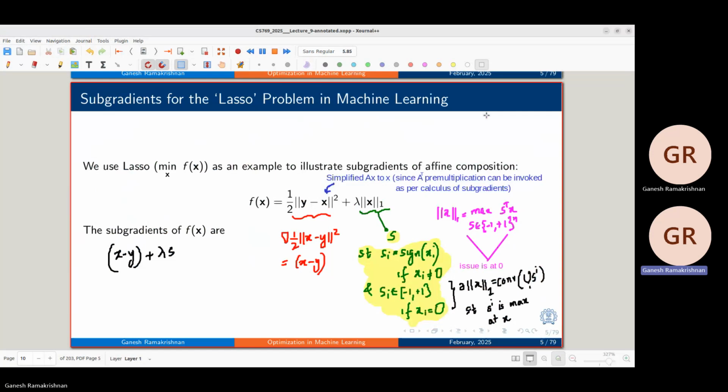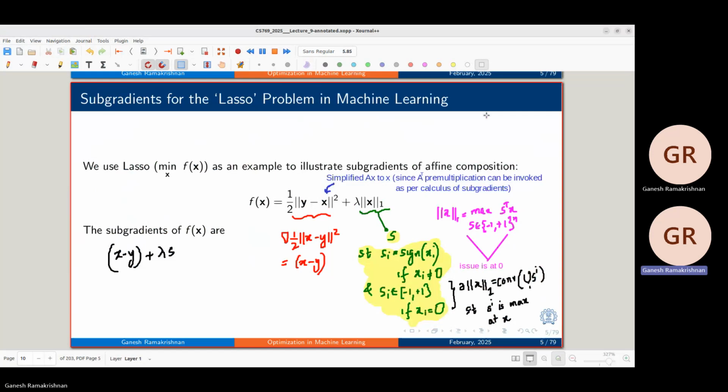In other words, si is plus 1 if xi is greater than 0, si is minus 1 if xi is less than 0, and it's between minus 1 and plus 1 otherwise, as otherwise means xi is 0.